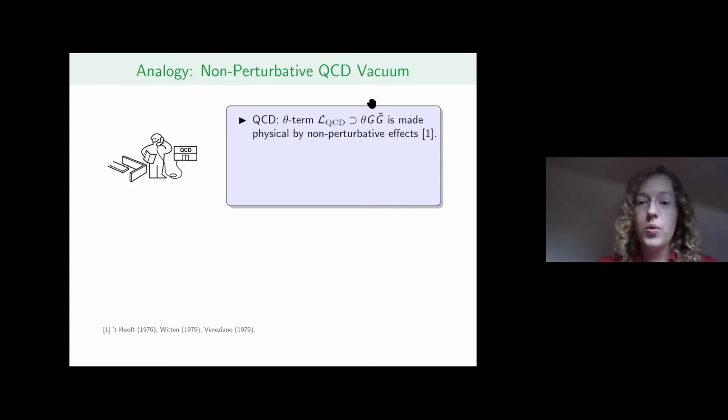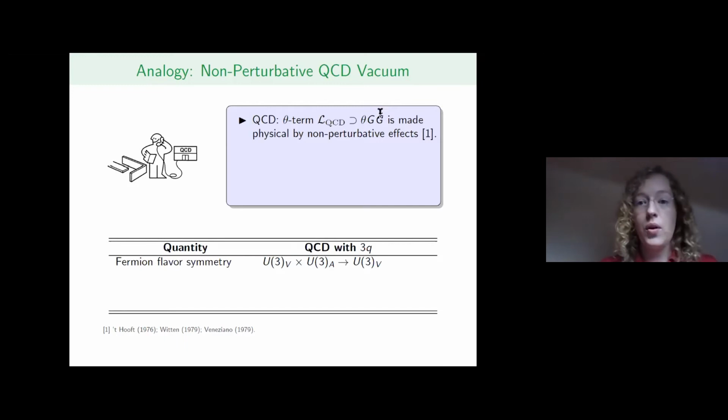However, it was shown later by 't Hooft, Witten, and Veneziano that there are actually non-perturbative effects which make this term physical, and physical means that it should be physically observable, so this theta parameter should have physically observable consequences. So let me now remind you of what these non-perturbative effects are actually doing in QCD. One particular consequence can be seen in the symmetry breaking sector of the quarks.